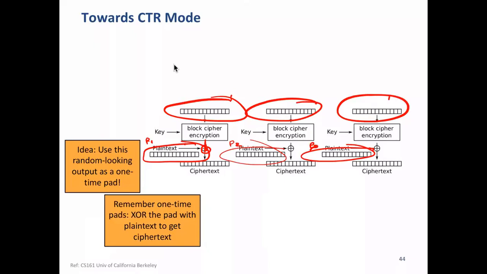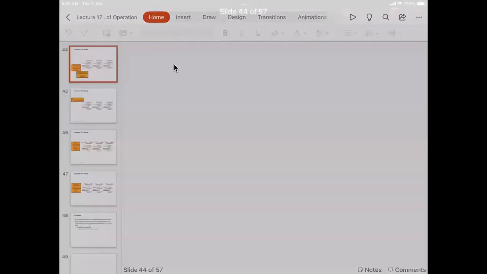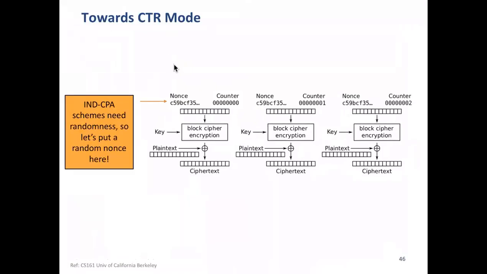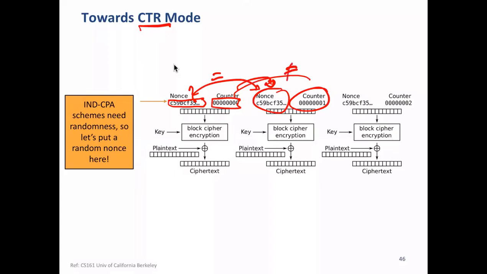So let me go back. What we do is use a nonce, a randomly generated input, and a counter. This is why we call it counter mode. Then we use the same thing in the second block. How would the value of the counter change? The nonce remains the same, while the counter is not the same; it increments by 1.